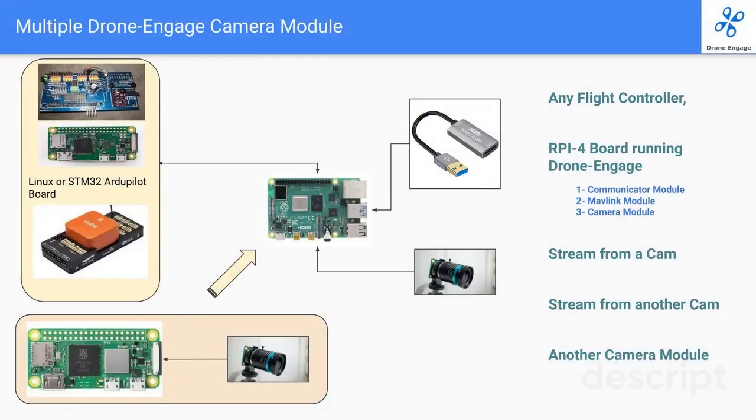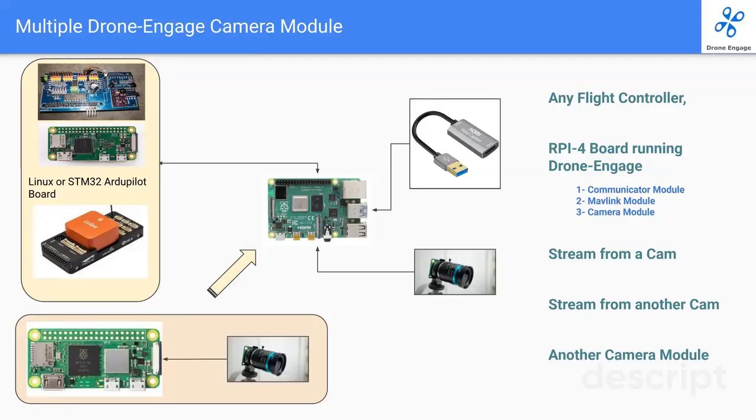The multi-camera module architecture showcases the system's advanced capabilities. Any flight controller, whether Linux-based or STM32 ArduPilot board, connects to a Raspberry Pi 4 board running Drone Engage. The system comprises three essential software modules. The communicator module handles network communication, the Mavlink module manages flight controller protocol interactions, and the camera module processes video streams.